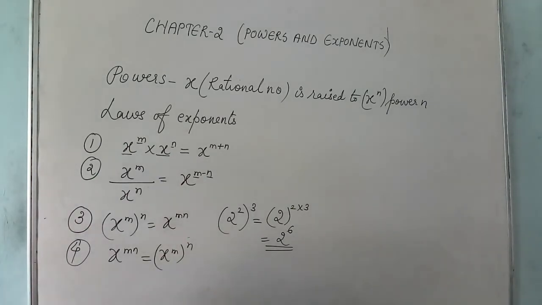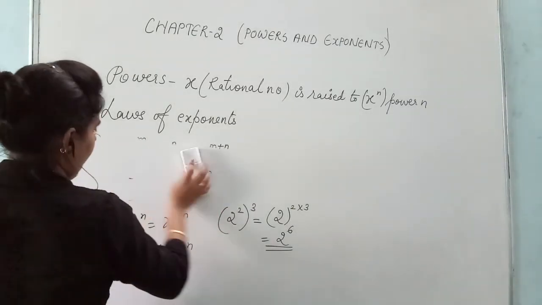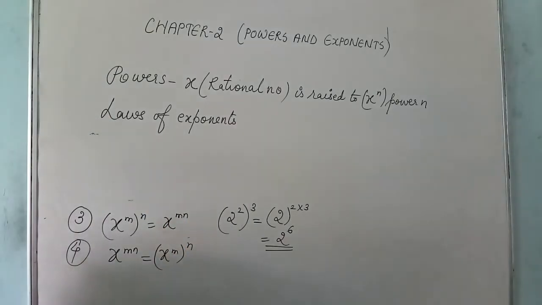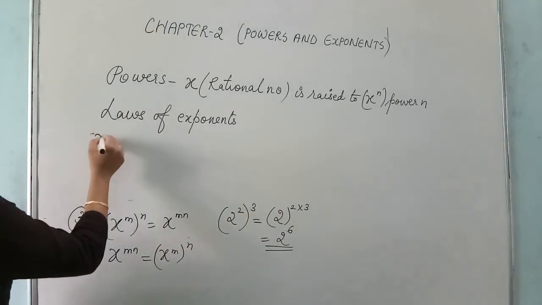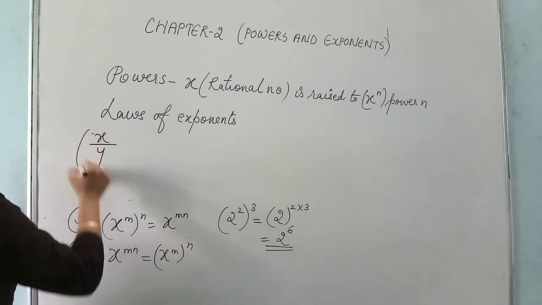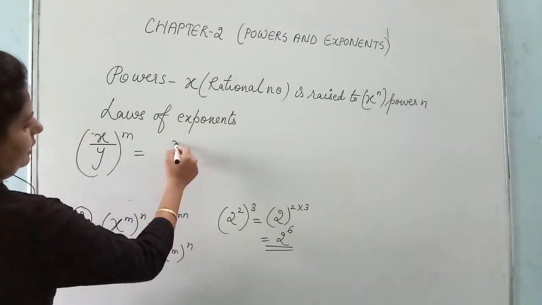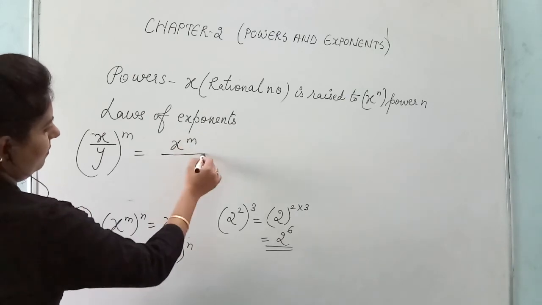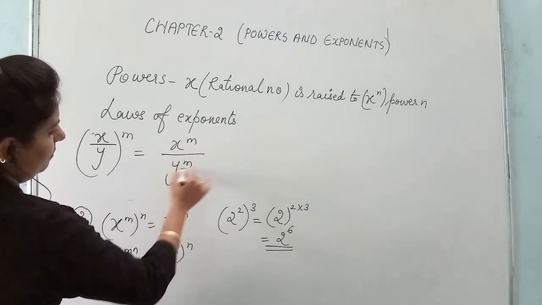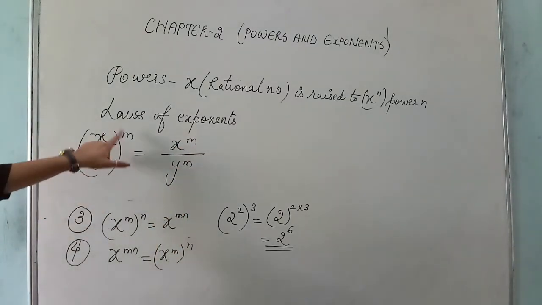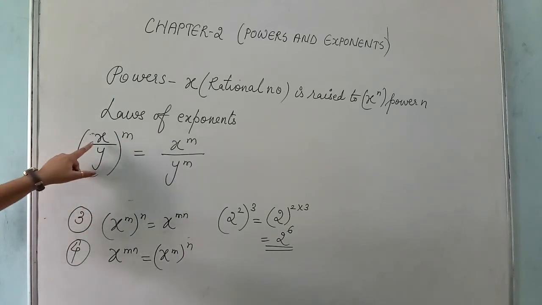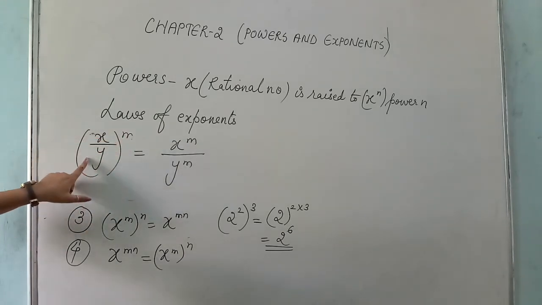Similarly with the division, if it is given (x upon y) raised to the power m, we can separate the powers. It means x^m upon y^m. Since it is whole power, the power will be of x also and it will be of y also.